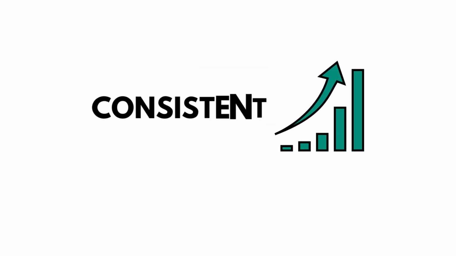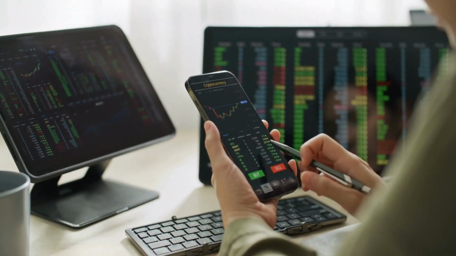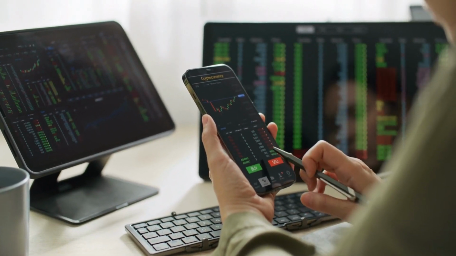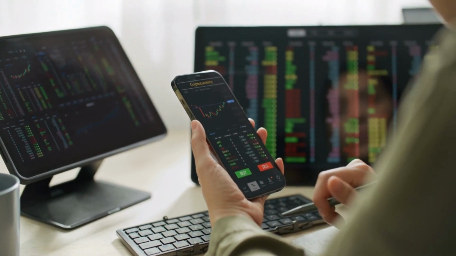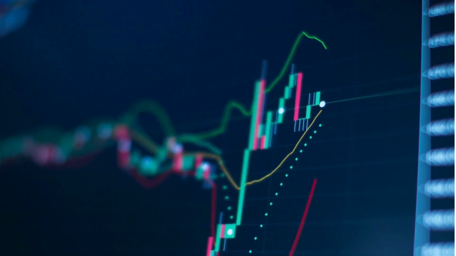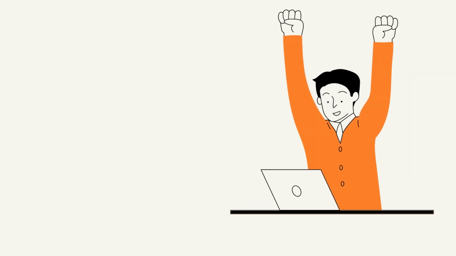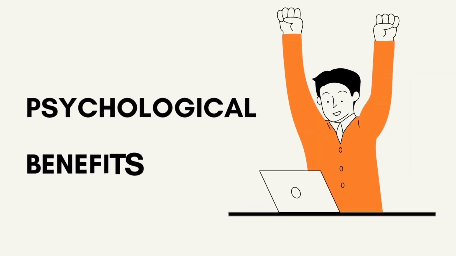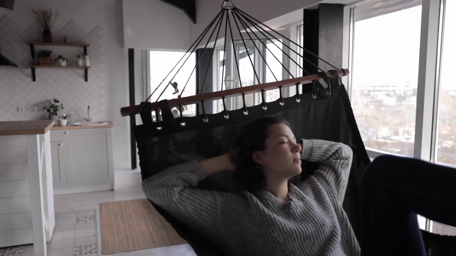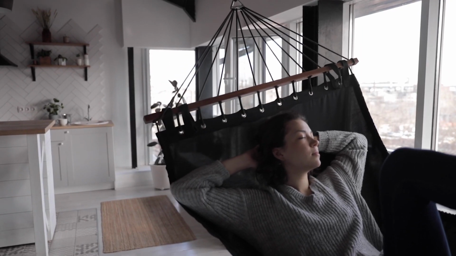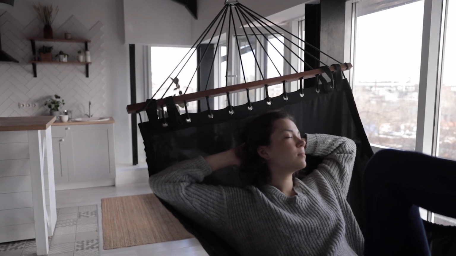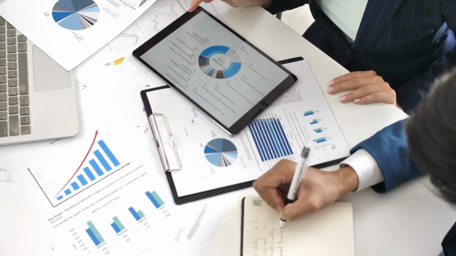Second, consistent returns. By managing risk, investors can strive for more consistent returns, minimizing extreme fluctuation in their portfolio's value. Third, psychological benefits. Knowing that you have a risk management plan in place can reduce stress and anxiety related to investing.